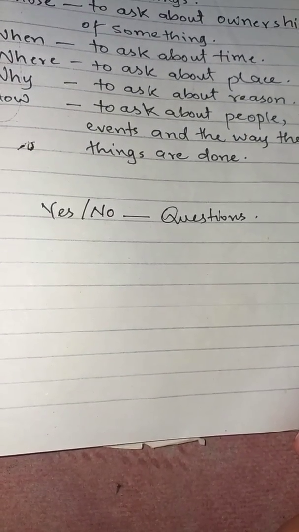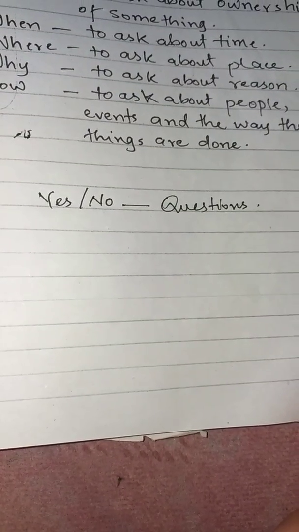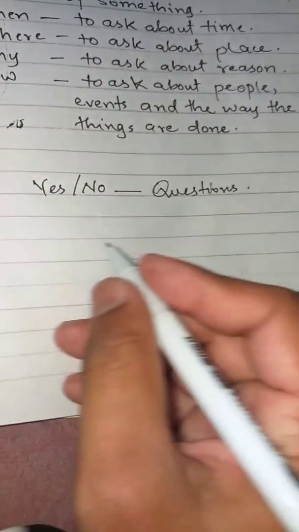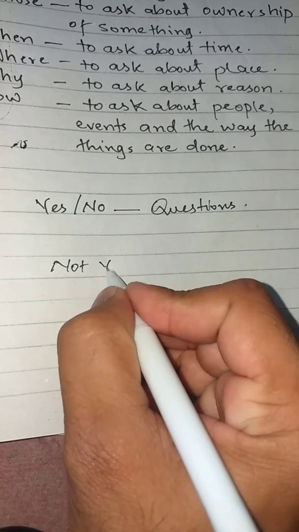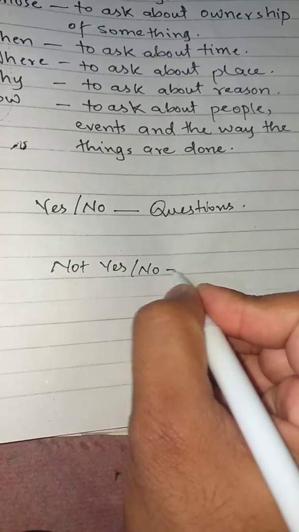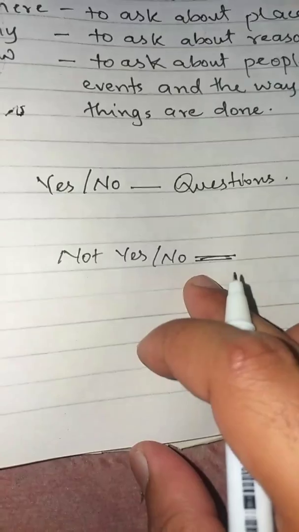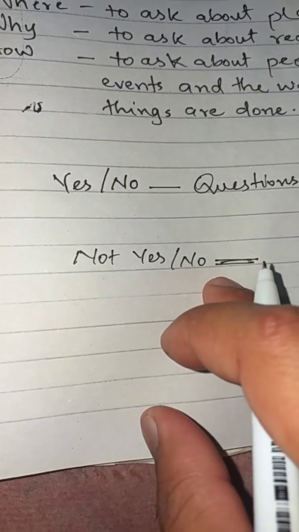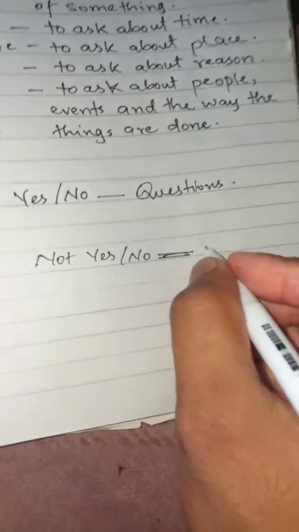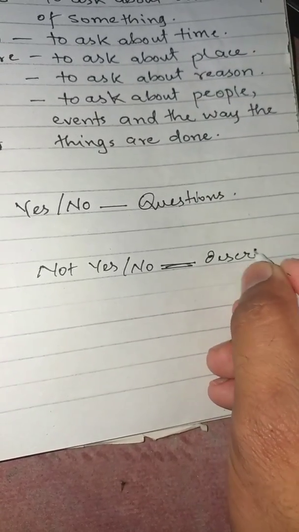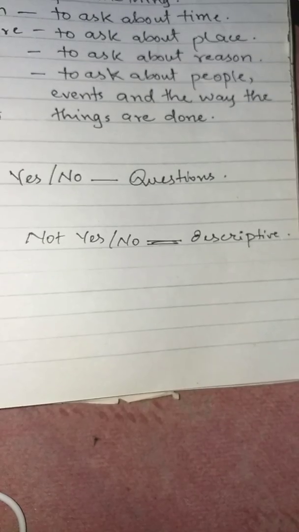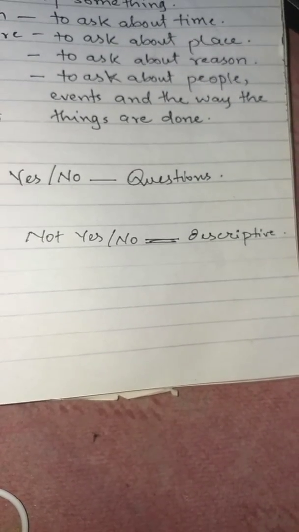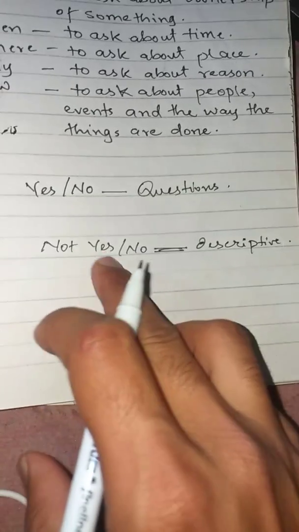If somebody asks you, you can just answer yes or no. But we have some other questions which are not yes or no. If someone asks you a question and your answer is descriptive, and you have to answer in one or two statements or sentences, then those are not yes/no questions.